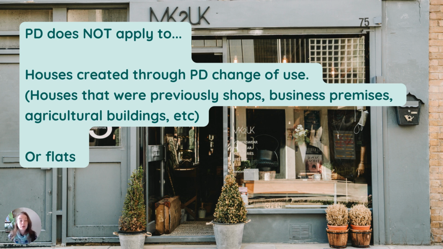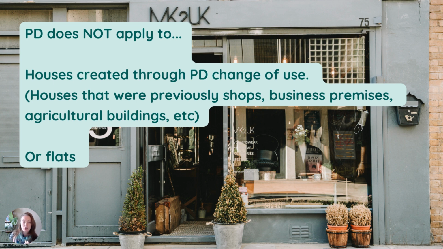Now, permitted development does not apply to houses that are created through permitted development change of use. So certain types of use classes, certain types of buildings that are classified in specific ways, you are allowed to change them from that classification to residential.